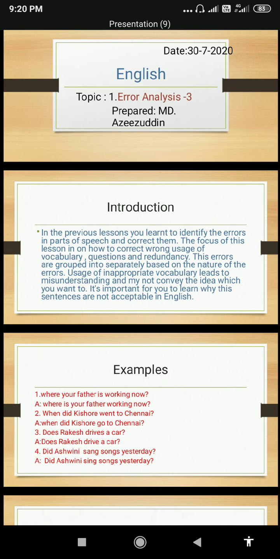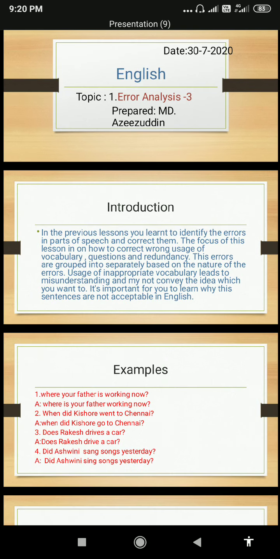The focus of this lesson is on how to correct wrong usage of vocabulary, questions, and redundancy. These errors are grouped separately based on the nature of the errors.